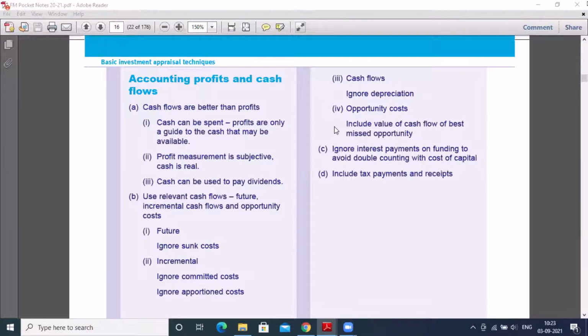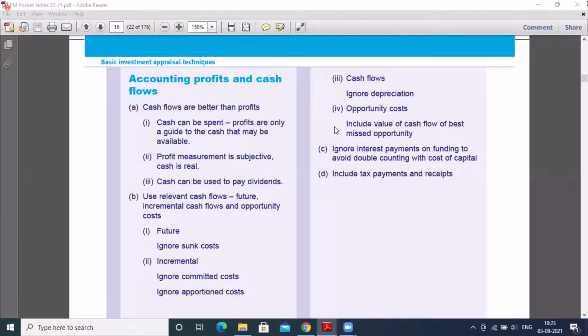Suppose you are investing 1 lakh in a project, and you are expecting an average return of 10,000, so the accounting rate of return is 10%, or the return on capital employed is 10%. Before that, we first try to understand the difference between accounting profit and cash profit, nothing but cash flows. So cash flows are better than the profit. Whenever you are making an investment decision, it is suggested to consider the cash flows rather than accounting profits.